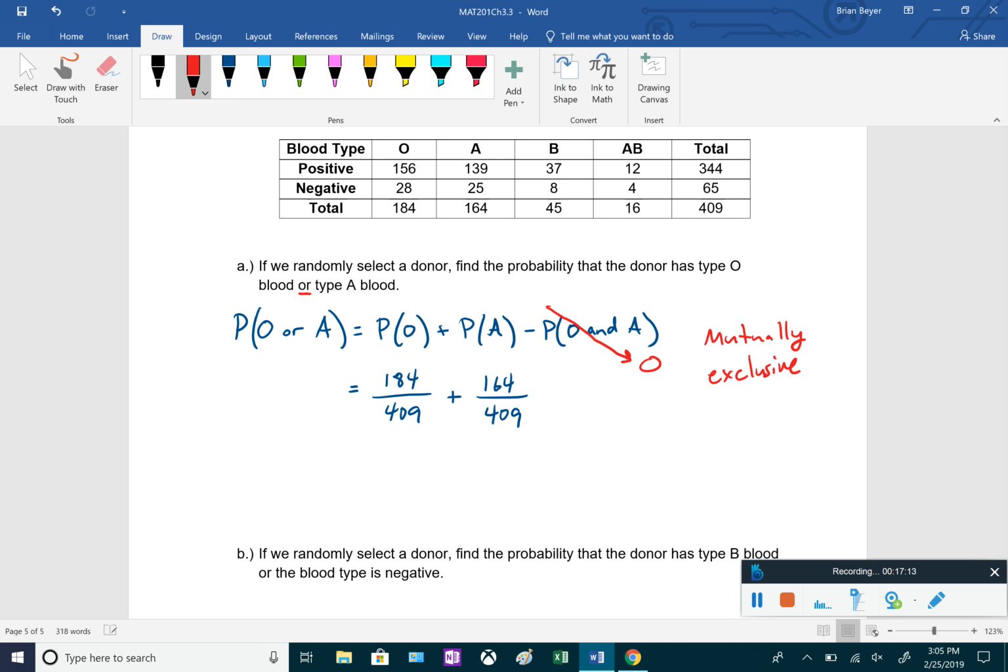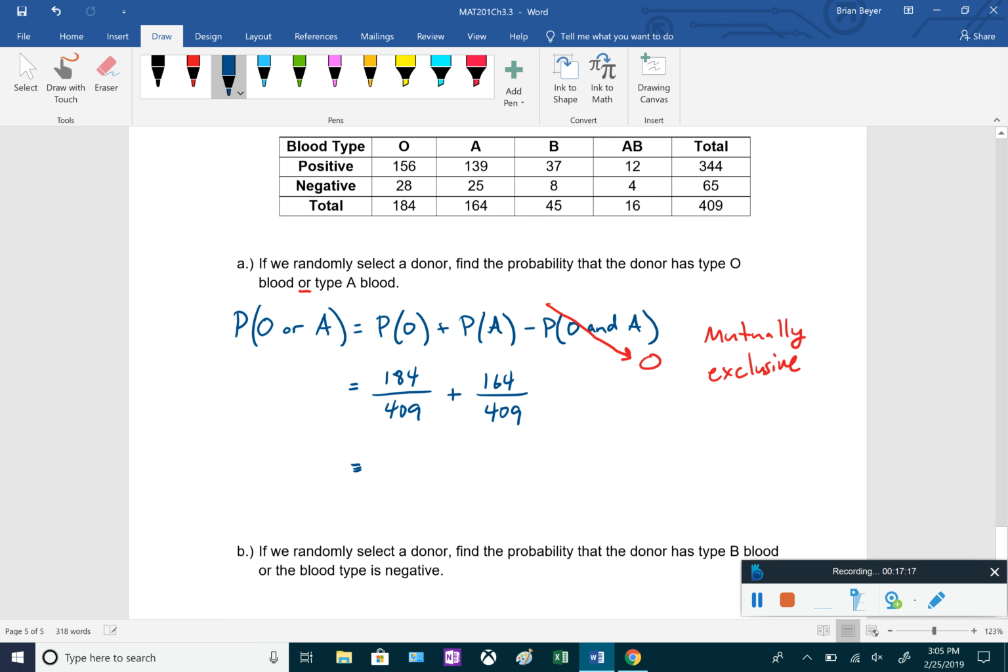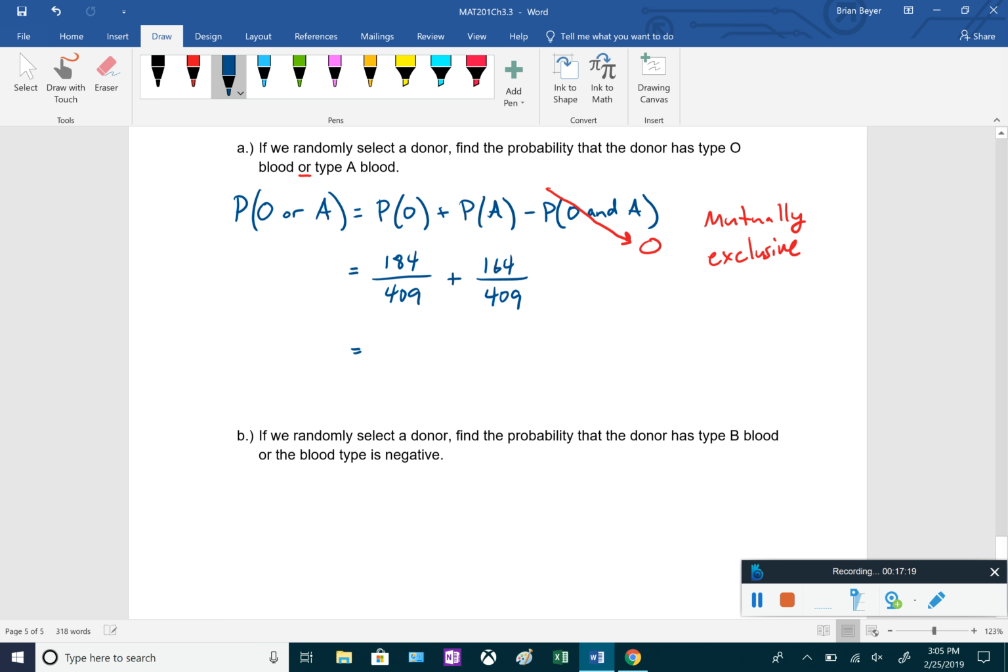So we don't need to subtract anything. We're going to add those numerators, and we're going to get 348 divided by 409. And as a decimal, this is going to be about 0.851 or 85.1%. So 85.1% chance that they're either type O or type A.